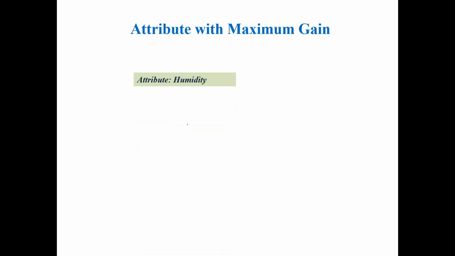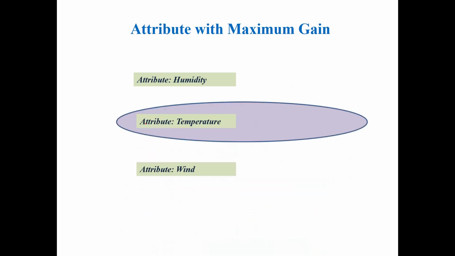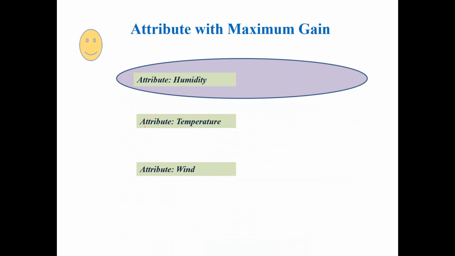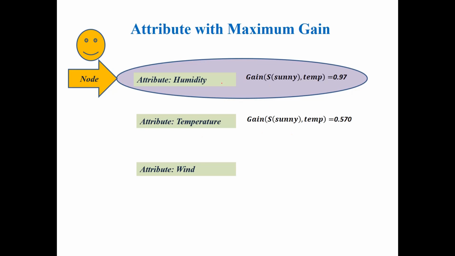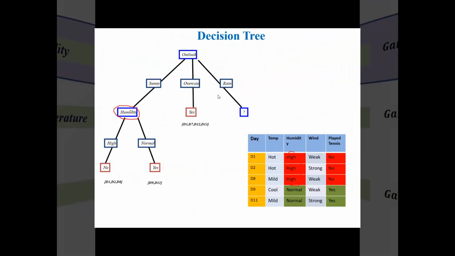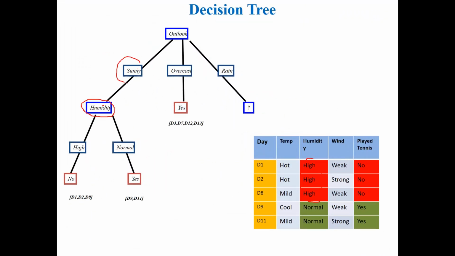Now out of these three attributes, humidity, temperature and wind, over all 5 examples of sunny, we have to find the attribute with maximum gain. And what we find here is that the gain of the humidity attribute over all 5 examples of sunny is 0.97. So this we will consider as our next node over sunny. For this sunny value, we are considering humidity as a node.